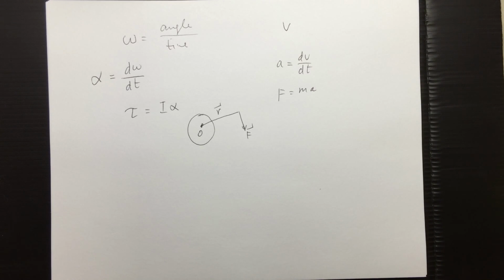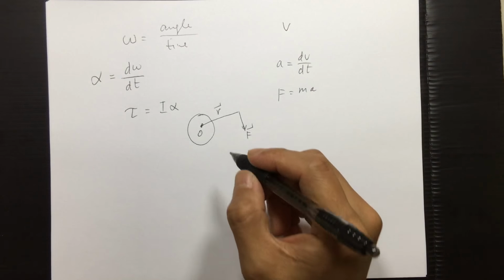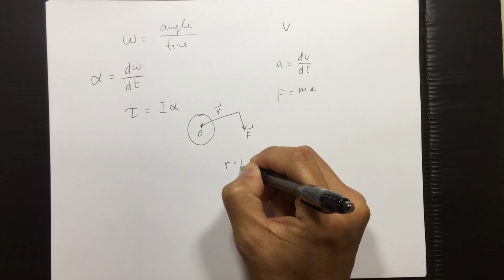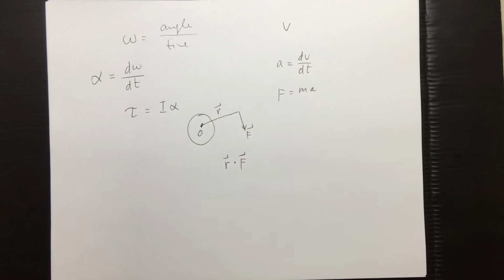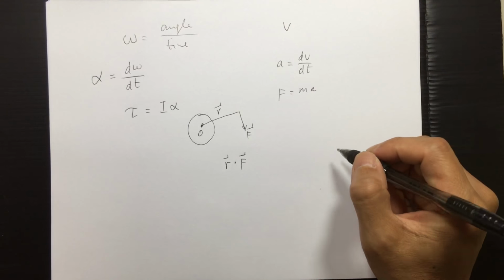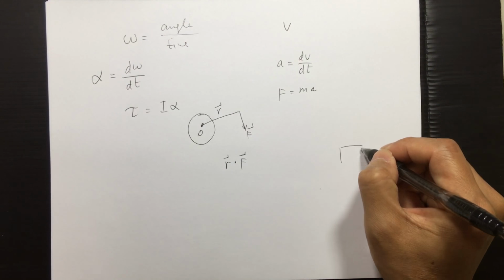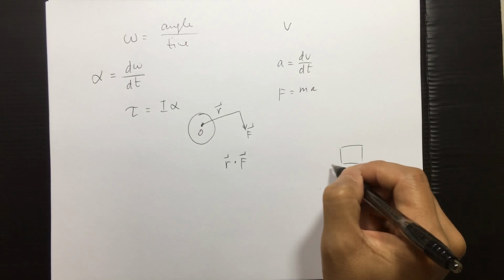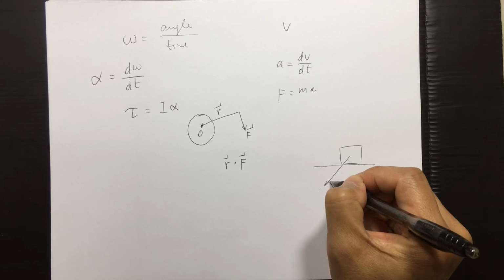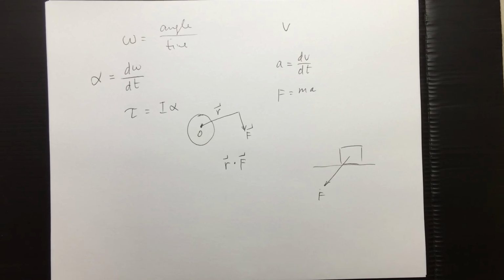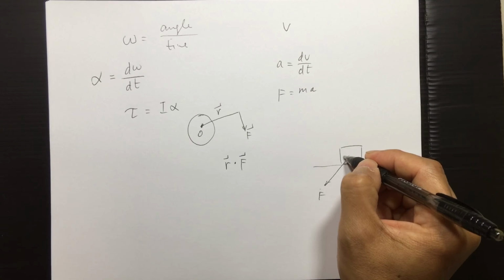Now we get another thing. You remember this? The dot product of two vectors. When we do a force, this is a piece. Then we do a force like this, right? And then this is a distance.